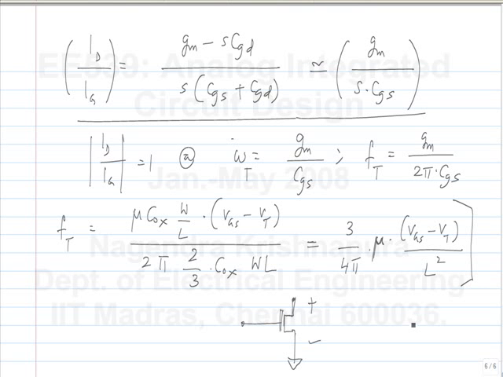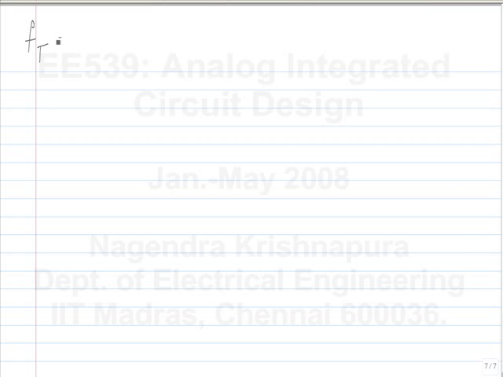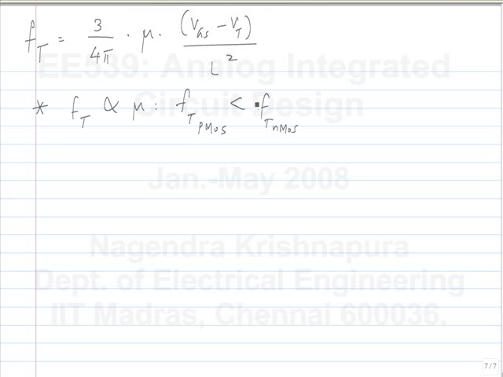In terms of speed, you would like to bias at a large Vgs minus Vt. Ft of PMOS is less than Ft of NMOS.